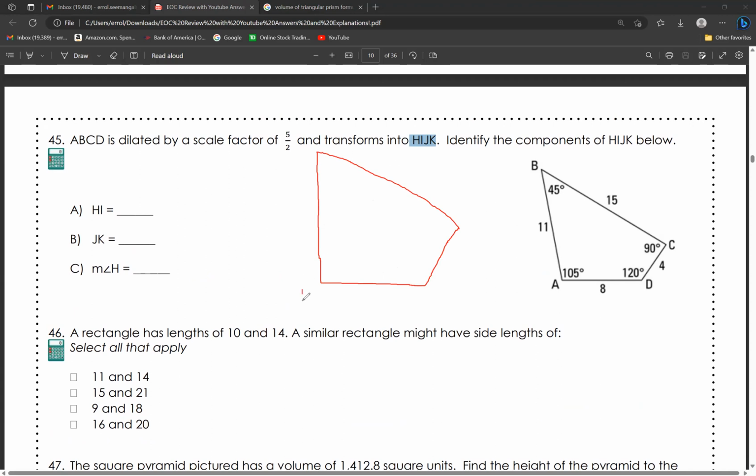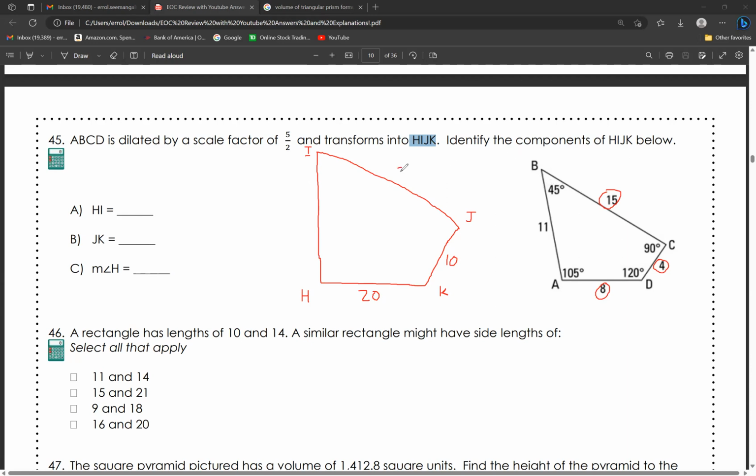So this is now H. Okay, where's B? HIJK. So something like that. Okay, so now the length's 8. What's 8 times 2.5? 20. What's 4 times 2.5? 10. What's 15 times 2.5?